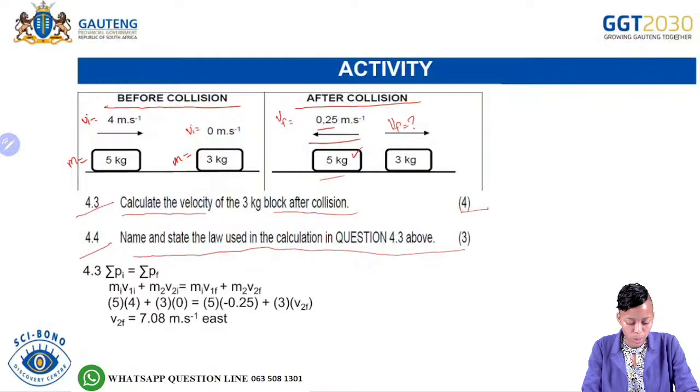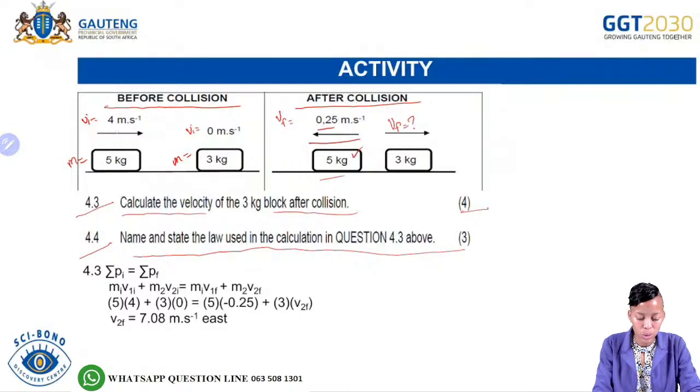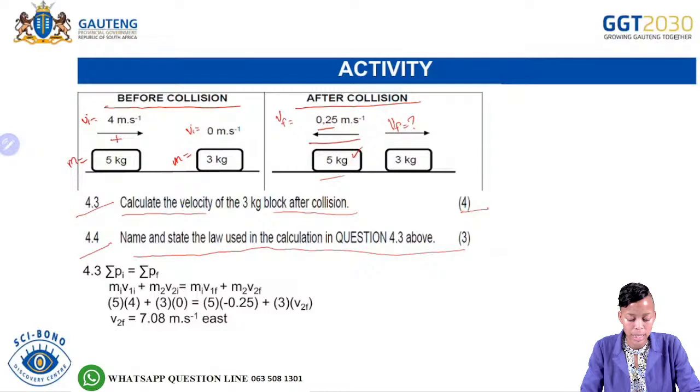So what are we going to do? Remember, we need to choose direction. Let us choose to the right as positive. That is the initial direction of motion. Initially the 5 kilogram block was moving at 4 meters per second to the right, so we are going to choose the right as positive.